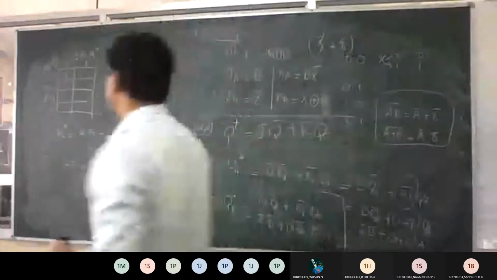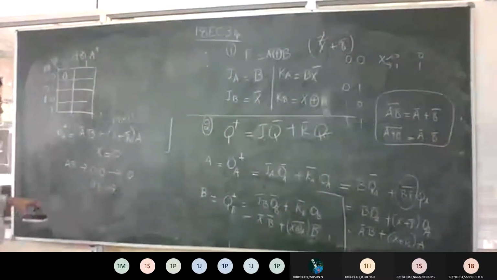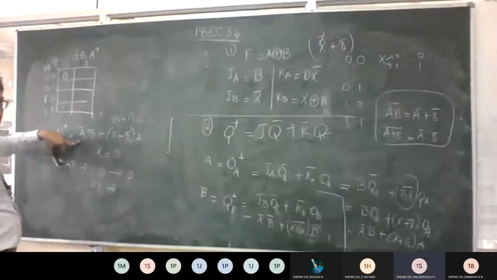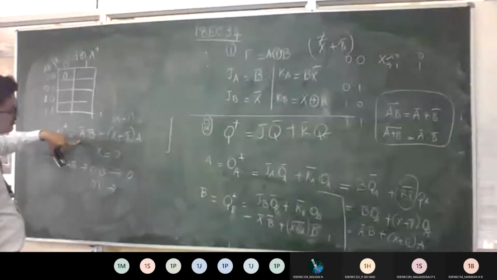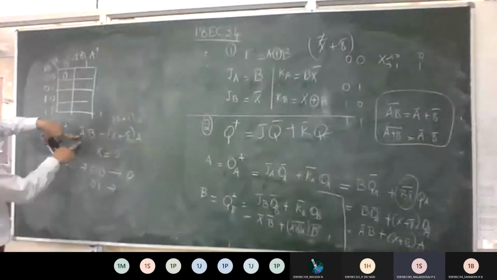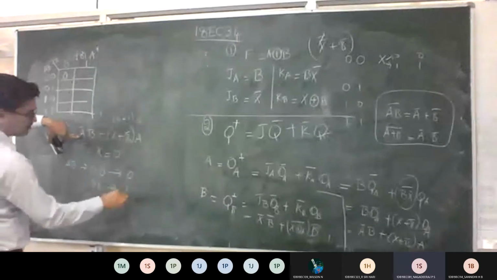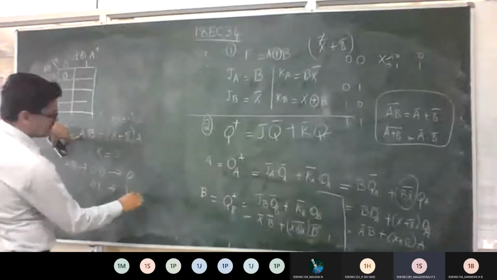Now tell me for the second one. Second combination 0, 1. X is the same, 0 only. You will get 0? Check properly. A is 0, it means it becomes 1 here. So 1 into 1 is 1.